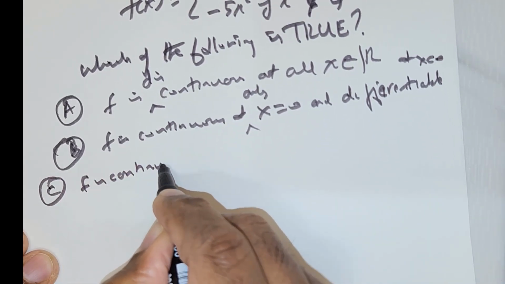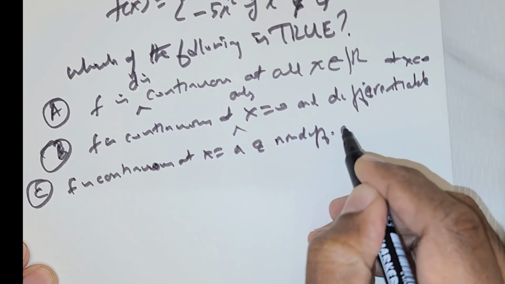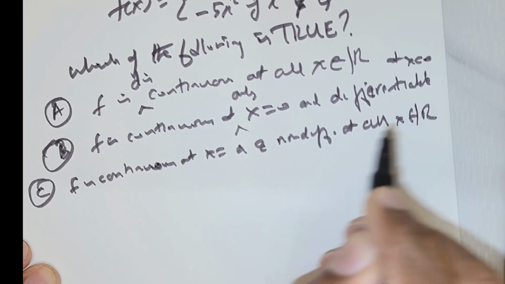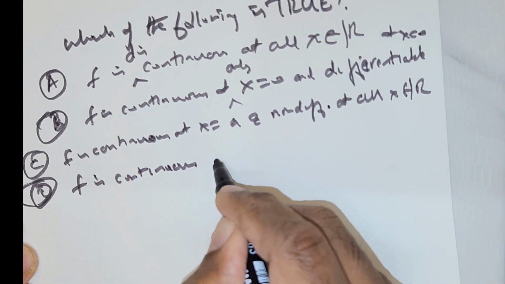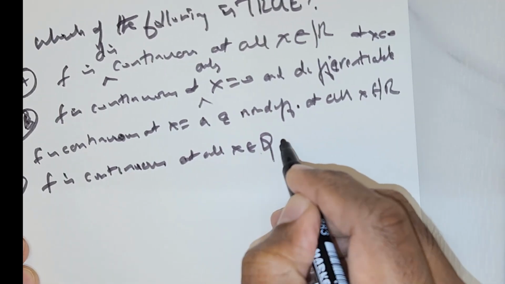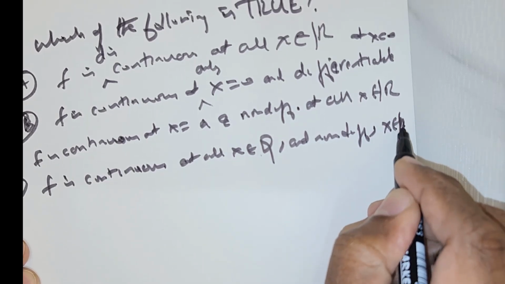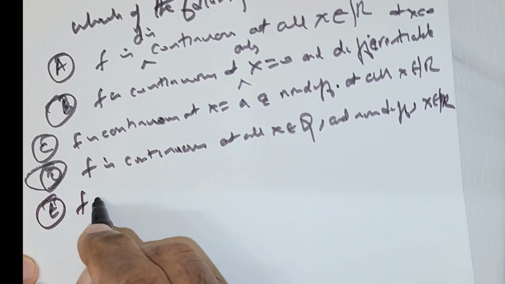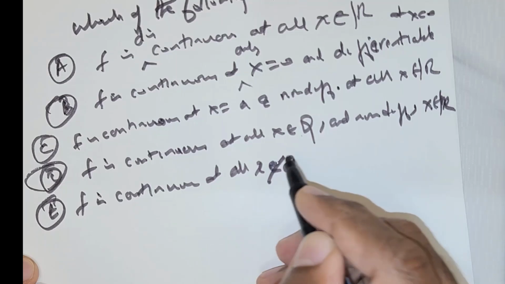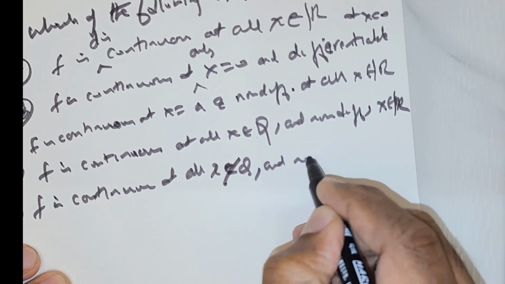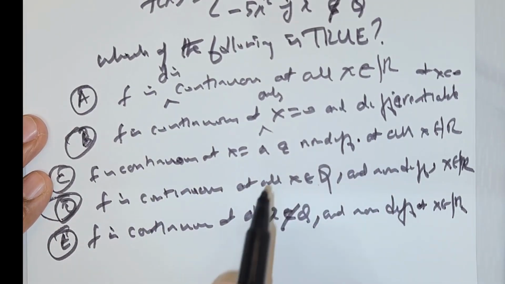D: f is continuous at x equal to a and non-differentiable at all x element of R. E: f is continuous at all x element of rational numbers and non-differentiable for all x element of R. F: f is continuous at all x not element of Q and non-differentiable at all x element of R. So we are expected to get only the true one.